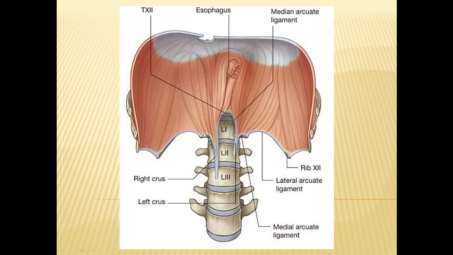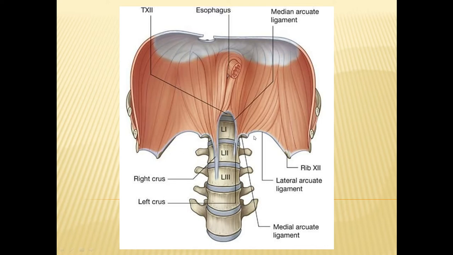We already know which ligament this is: the medial arcuate ligament, on both sides. This is the right side, this is the left side. So, medial arcuate ligament, lateral arcuate ligament. The medial arcuate ligament is formed over which muscle?